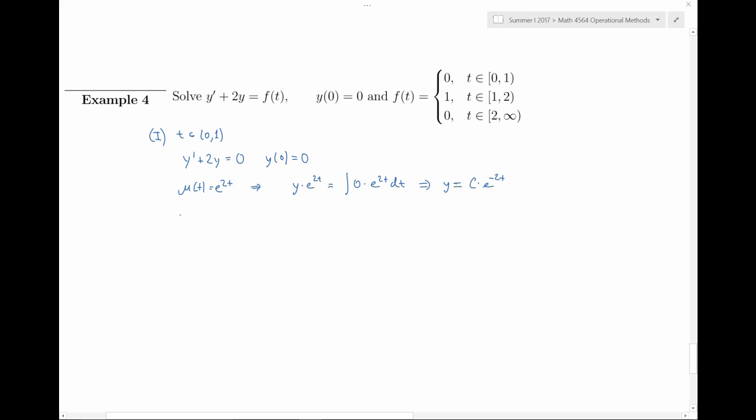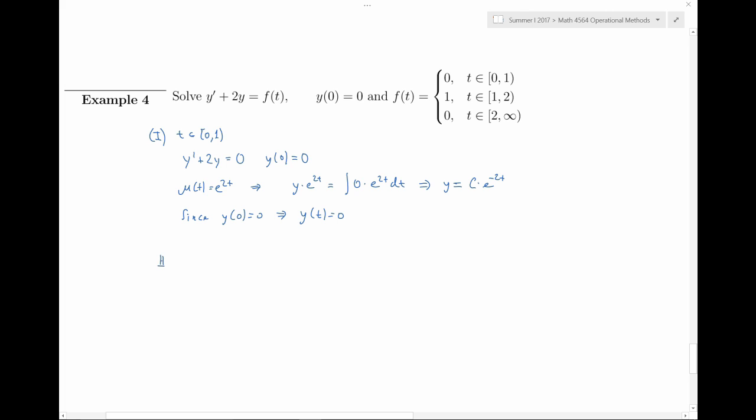Well, since y of 0 equals 0, it leads to y of t being 0 all the time, but again, only for t being in the interval 0 to 1.